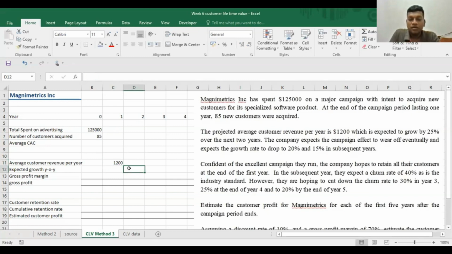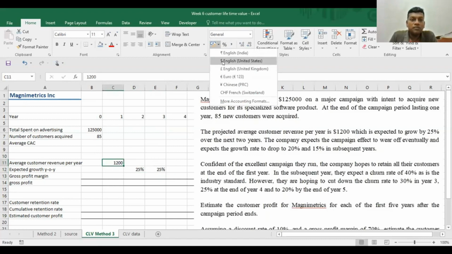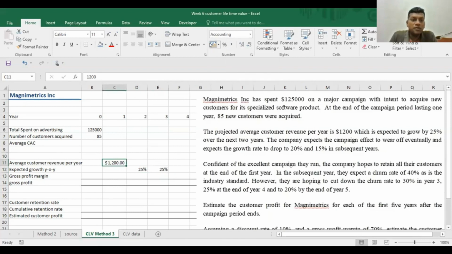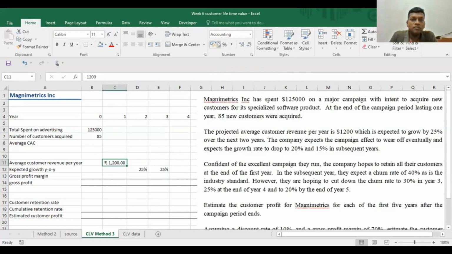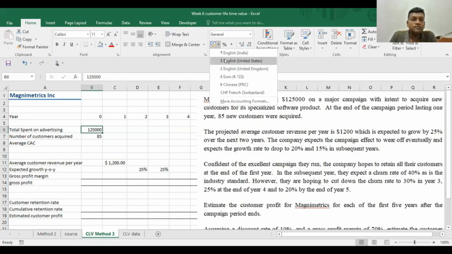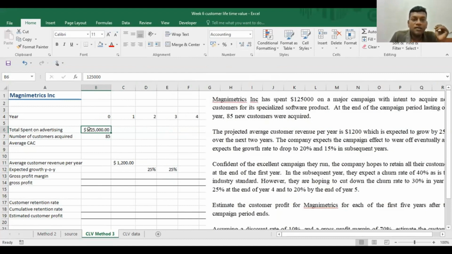Okay, so 0.25, 0.25. Let me format it to percentage. This is dollar. This is also dollar. This is also dollar. Okay. I'll kill the decimals.